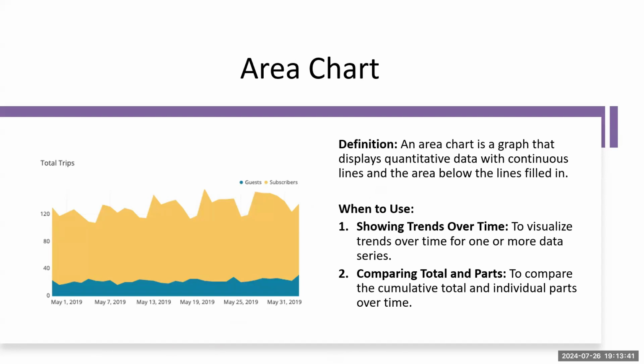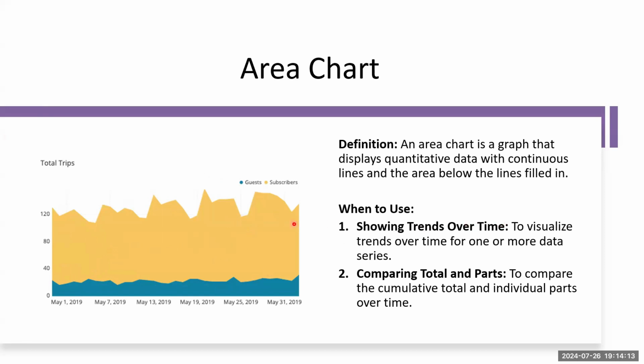Another, let's say, not very essential one is the area chart. An area chart is a graph that displays quantitative data with continuous lines and the area below the lines filled in. So instead of just having two line graphs here, we decided to fill in the space with some colors.